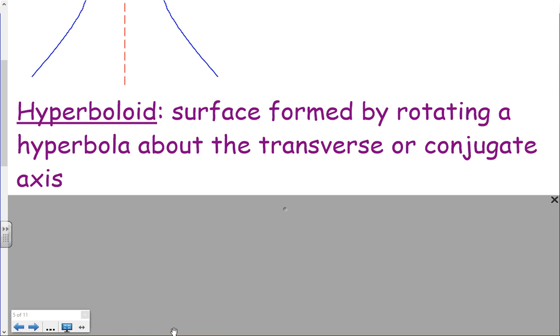That's the surface formed by rotating the hyperbola about its transverse or conjugate axis. That's called the hyperboloid. Hyperboloid. And again, because there's 2 of these, we're going to give each one of them its own name.